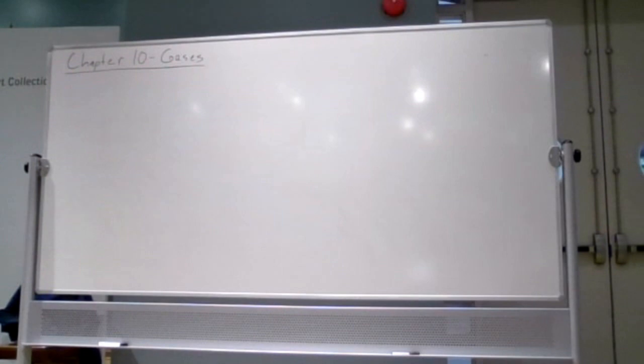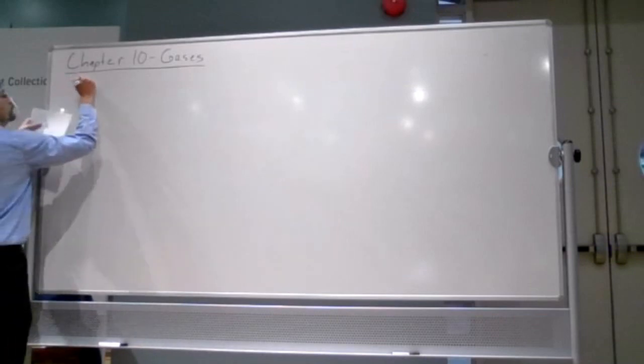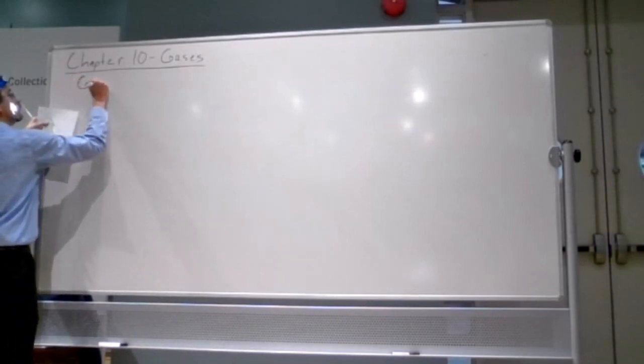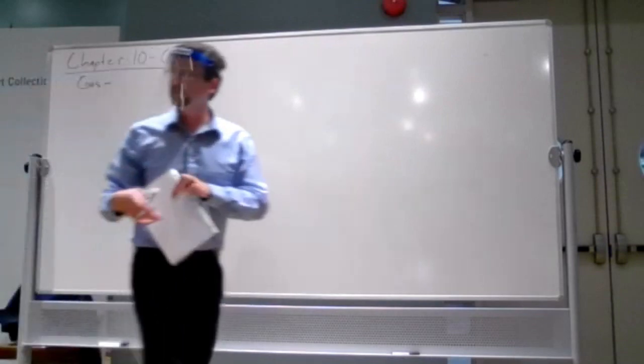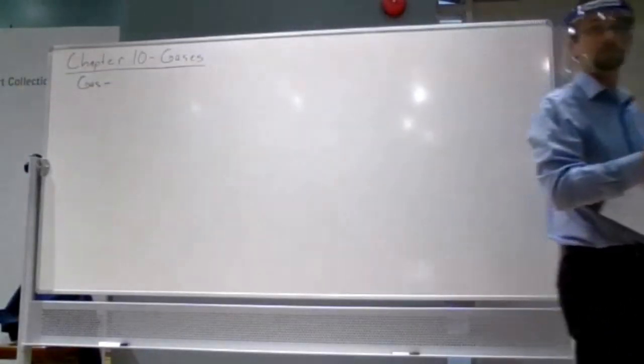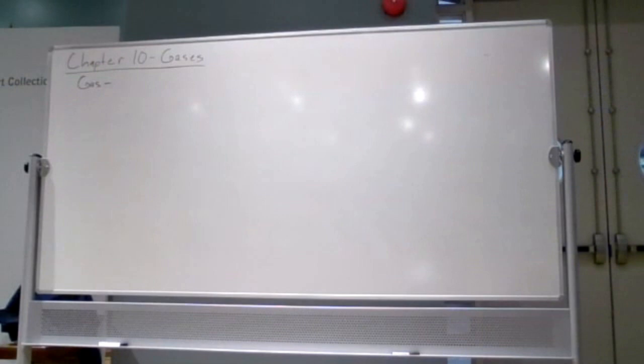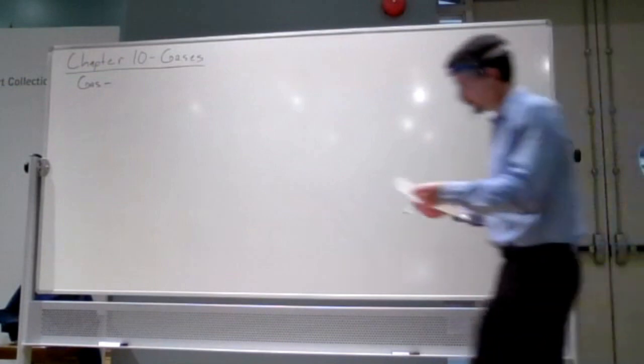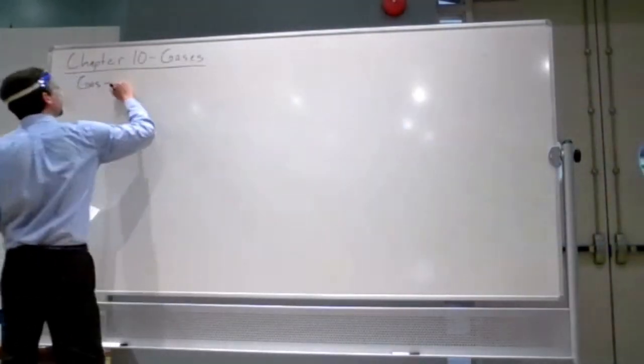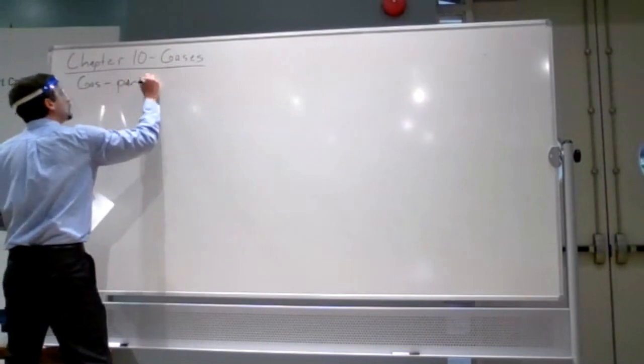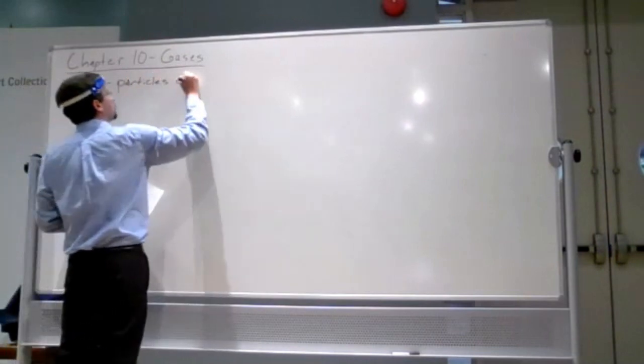And how did we define gases way back when we first started this course? Or how would you describe a gas? What do you know about the distance between the particles in the gas? Yeah, they're far apart. So particles are far apart.